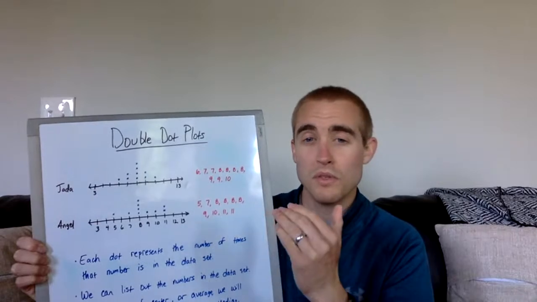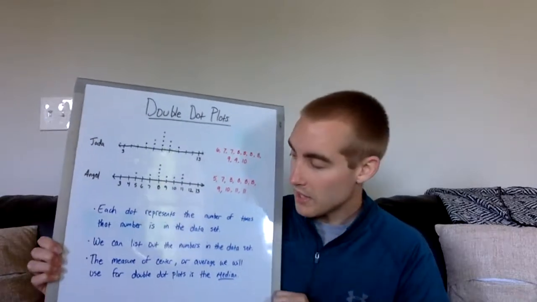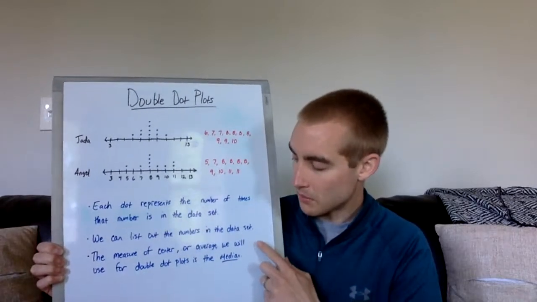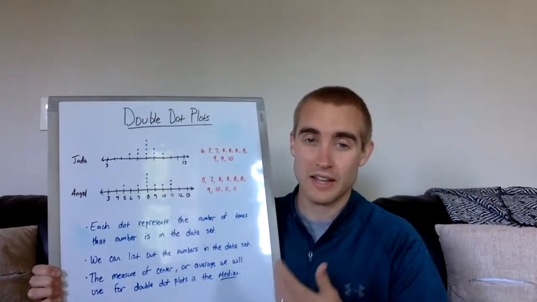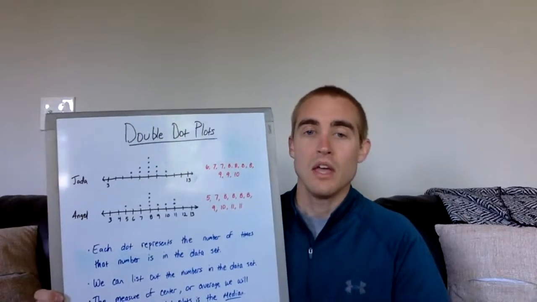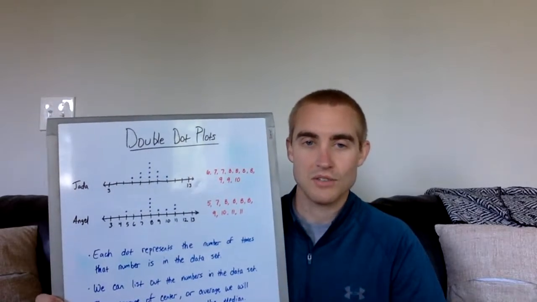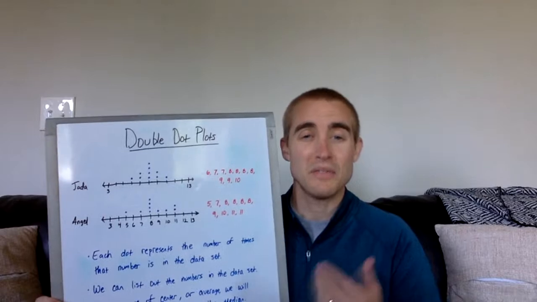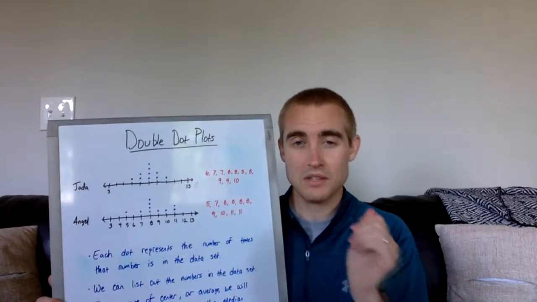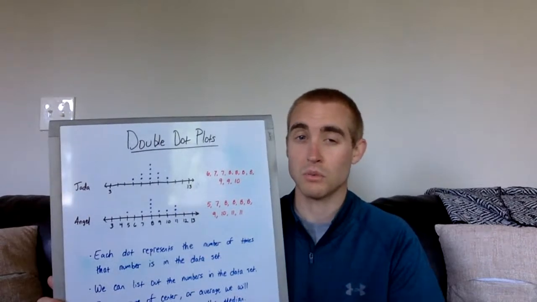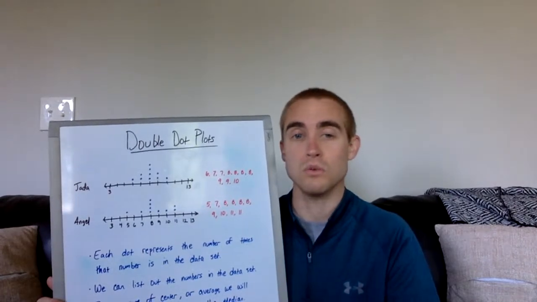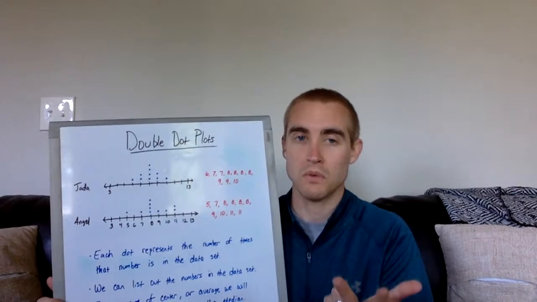Okay, so with a double dot plot, we can actually list out the numbers in that data set, and then we can use that to find our measure of center. Now, hopefully you didn't see the answer that I have written there at the bottom, but think about it. If we're listing out these numbers from least to greatest, which measure of center or which average should we use? The mean, the median, or the mode?